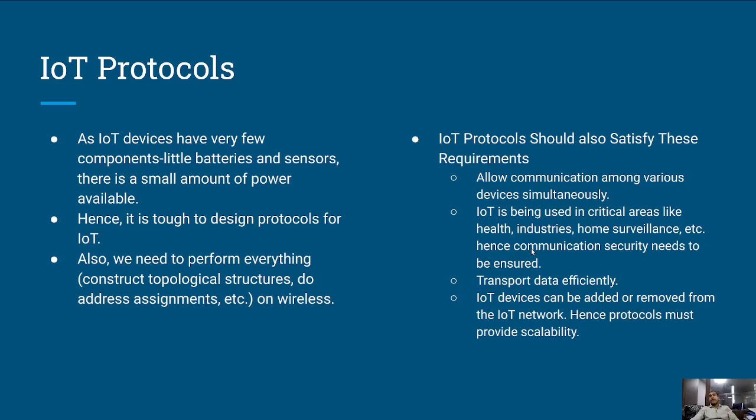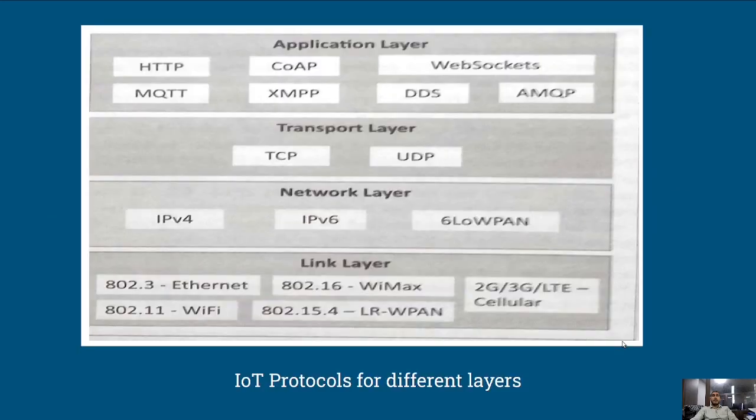Then data should be transported efficiently. Then IoT devices can be added or removed from the IoT network easily. The IoT protocol should support scalability. So these are some of the requirements.